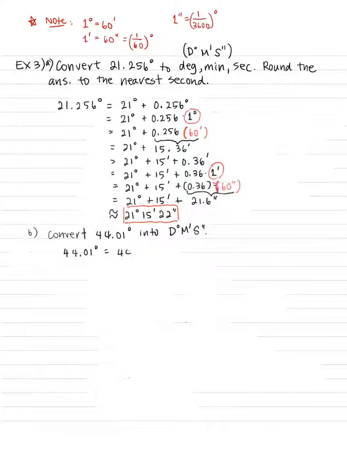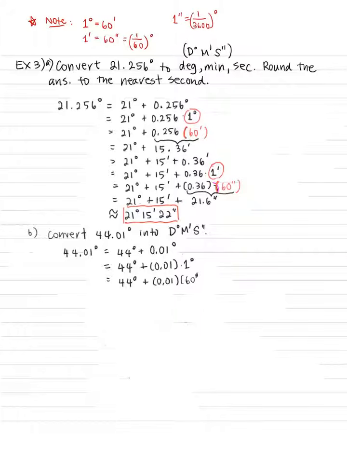So this is 44 degrees plus 0.01 degrees, which is 44 degrees, and then plus 0.01 times 1 degree. So it's 44 degrees plus 0.01, and multiplying here by 1 degree is what? 60 seconds?